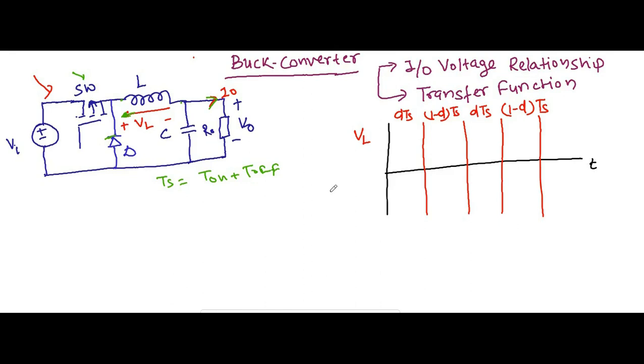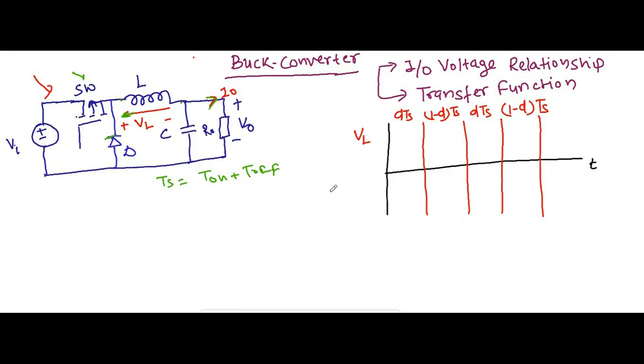So let us analyze the voltage across the inductor. When the switch SW is on, your input voltage will charge your inductor, and at that point of time your diode will be off. This is your first case.